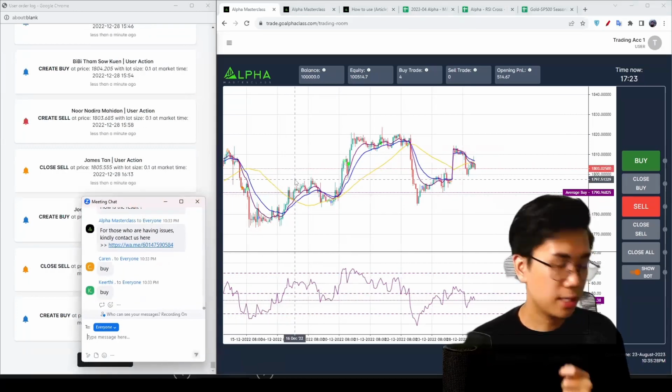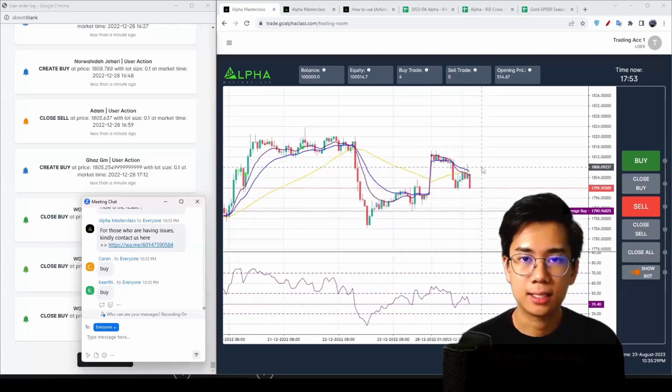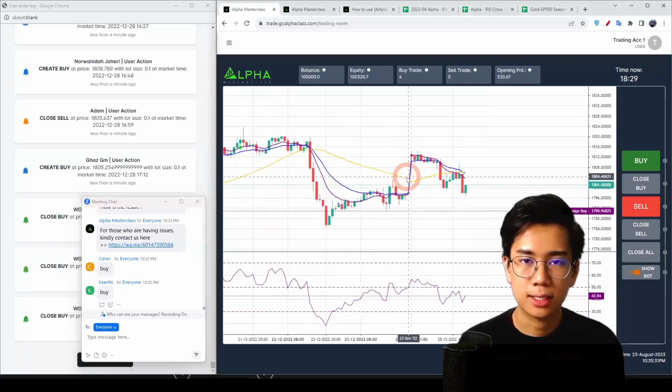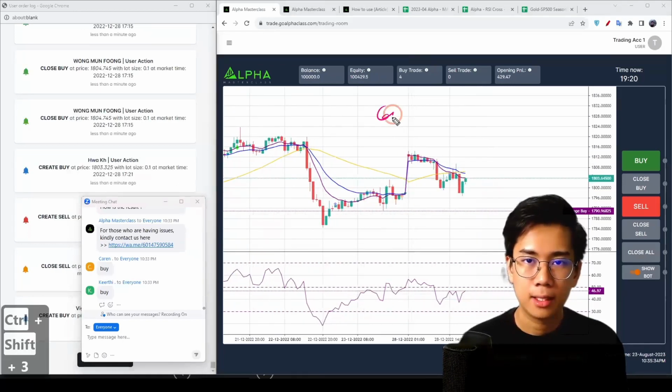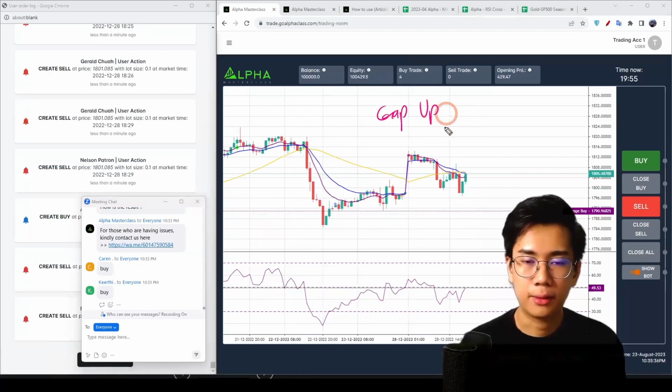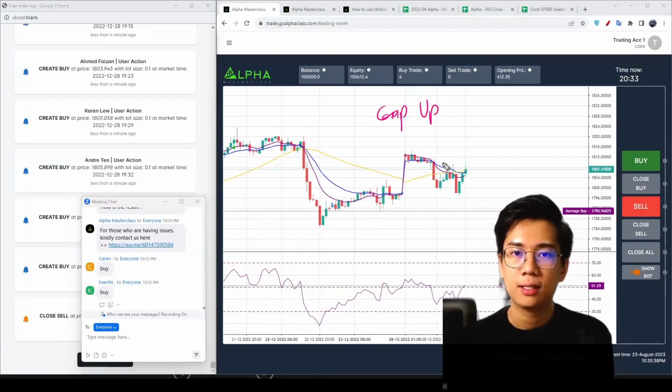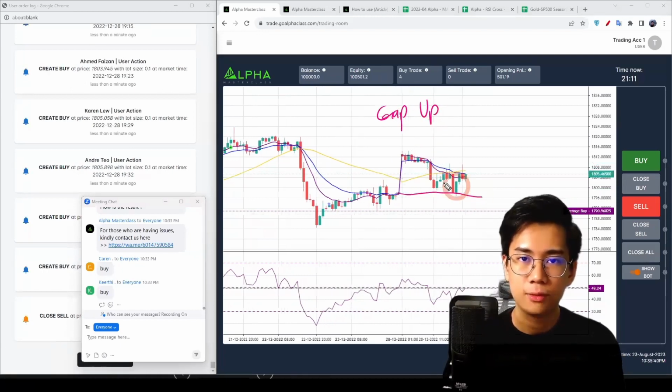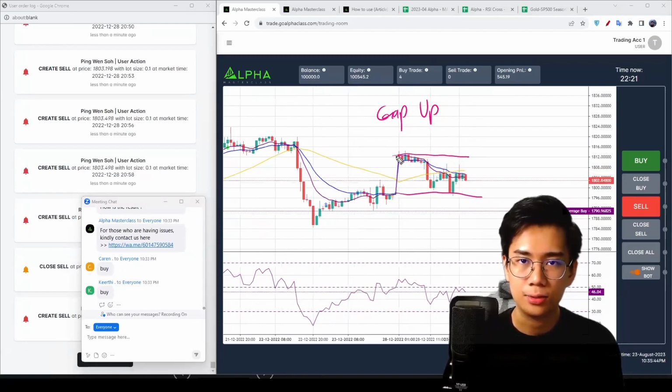So here I'm teaching you one more technical analysis. This is what we call a gap up. In the technical analysis of a gap up, there are usually standard rules. From the start of the gap to the end, right here to here, is the gap distance.